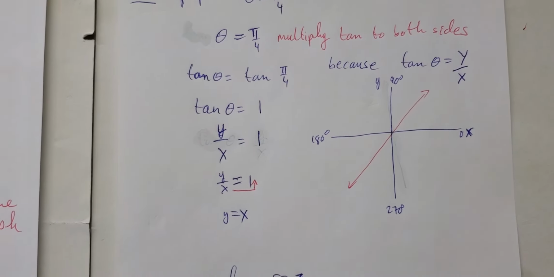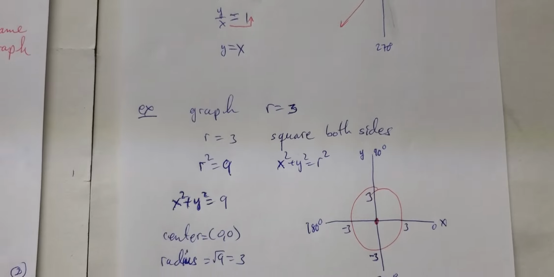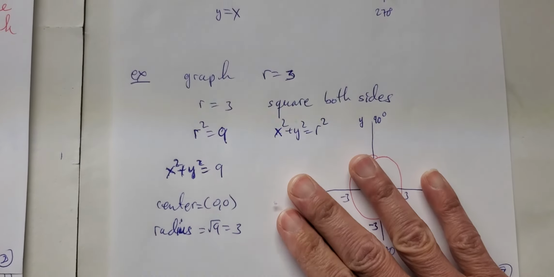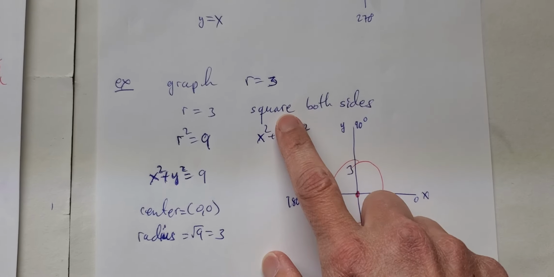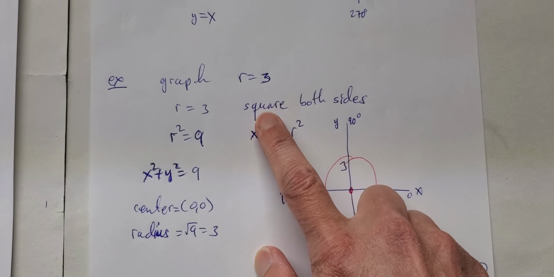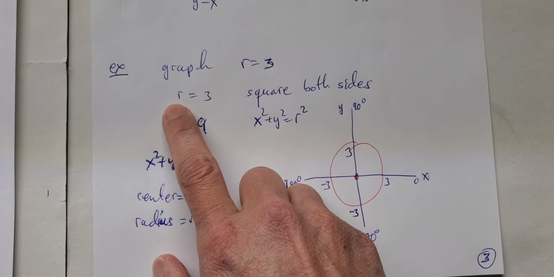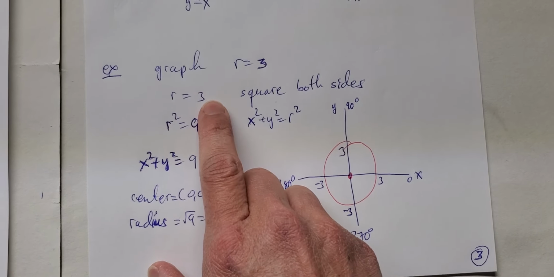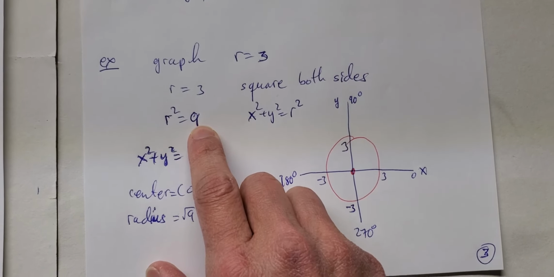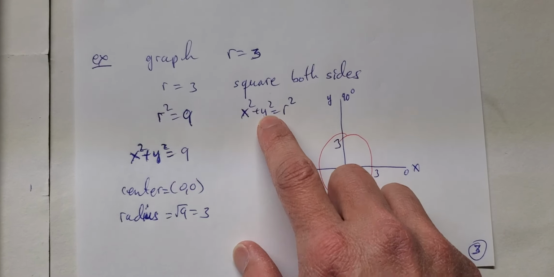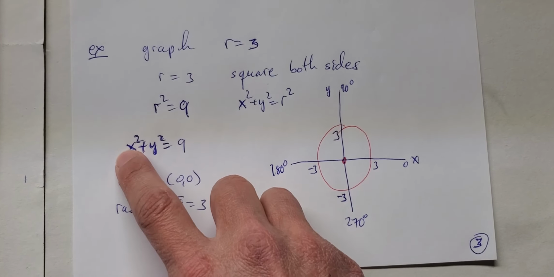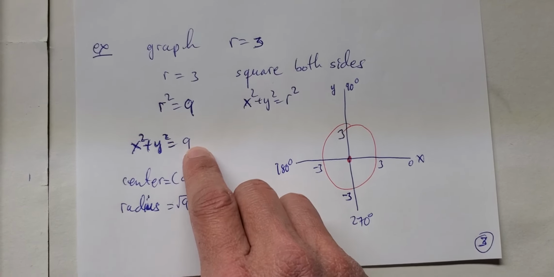Here's the next example on graphing this. r equals 3. Square both sides, so r squared, and 3 squared, which is 9. You know that r squared is x squared plus y squared, so just replace it. x squared plus y squared equals 9.